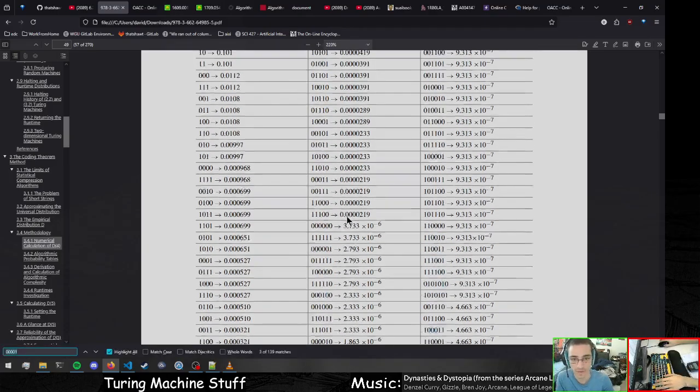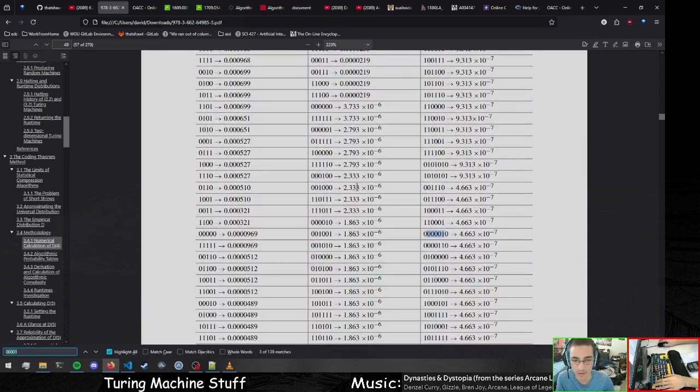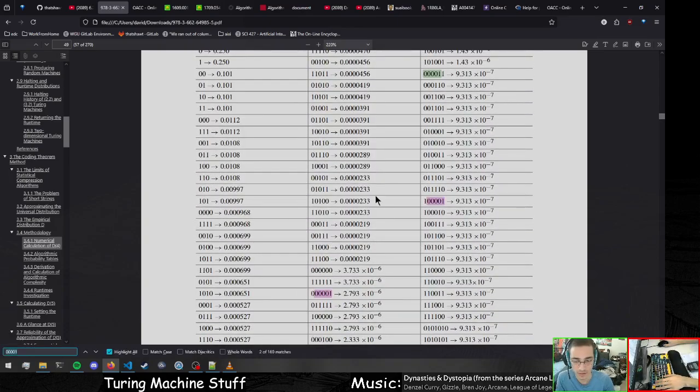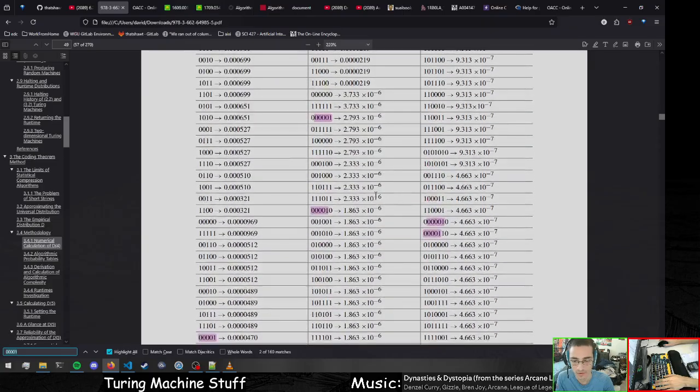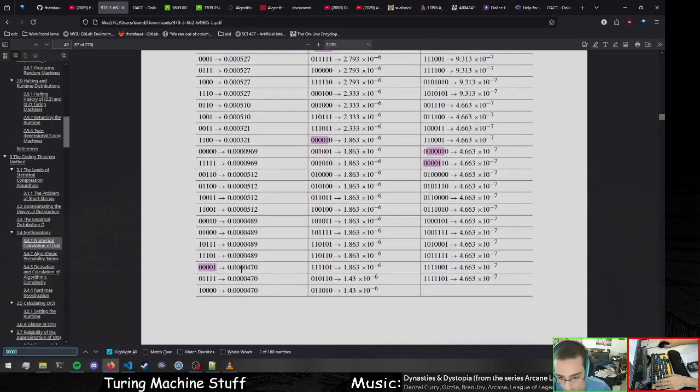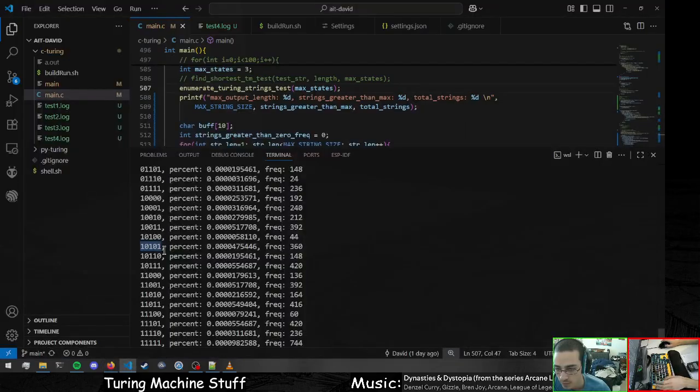All right, let's check this one. So this is length 5, right? Is this not a thing? Yes, it is. Look at that. It's right here. So 4 zeros and a 1 should have the same frequency as this one here. So 4 zeros and a 1 versus 1 0 and 4 1s. So here we go. So 4 zeros and a 1, we got 192.